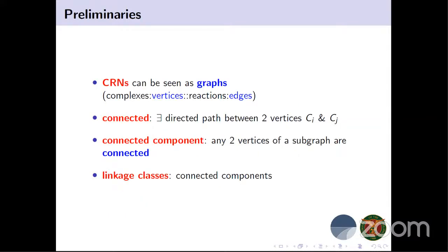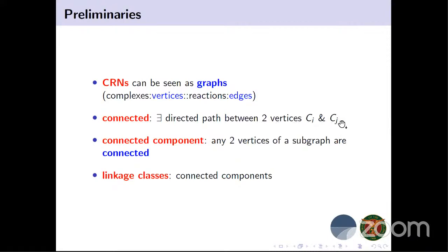Okay, so we have a number of terms again. We have CRN. These CRNs can be seen as graphs, as we can see in our definition of CRNs. Complexes can be seen as vertices, and reactions are edges. Connectedness means there is a directed path between two vertices Ci and Cj.